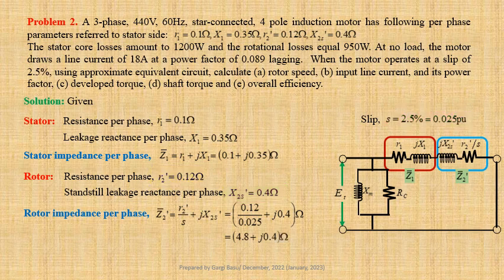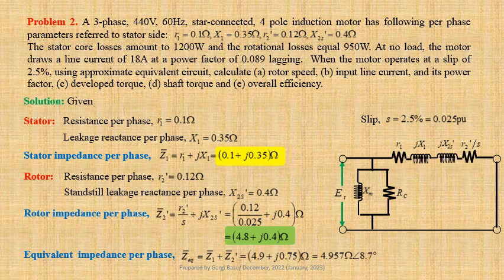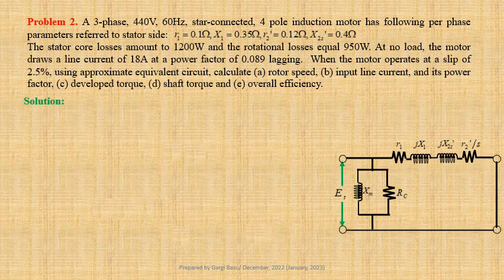Now we shall determine equivalent impedance per phase. Zeq equals to Z1 plus Z2 dash. Using values we get 4.9 plus j times 0.75 ohm. This may be written in polar form as 4.957 ohm at an angle 8.7 degree.